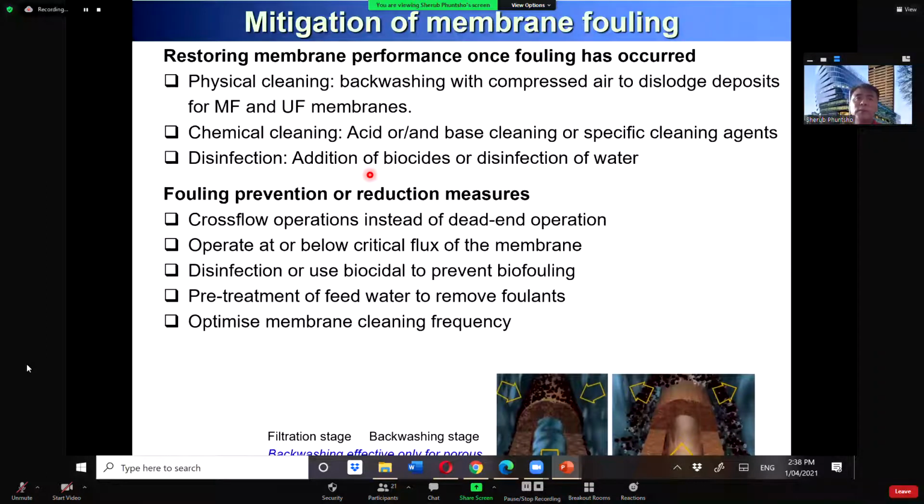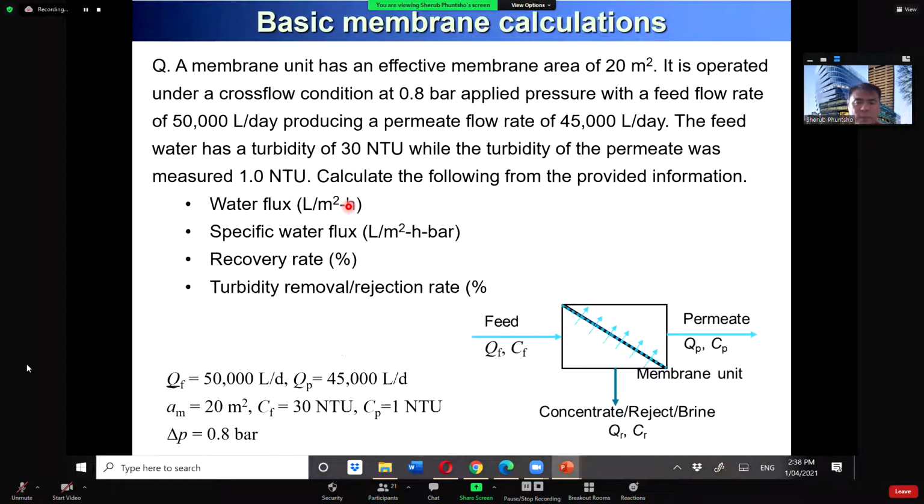Sometimes, in order to prevent biofouling, we also try to disinfect the water. If there are no bacteria coming in contact with the membrane, then the membrane can last longer and biofouling can be prevented. So they try to disinfect the water before sending it to the membrane. There are also many other process parameters and process controls that you can adjust to reduce membrane fouling.